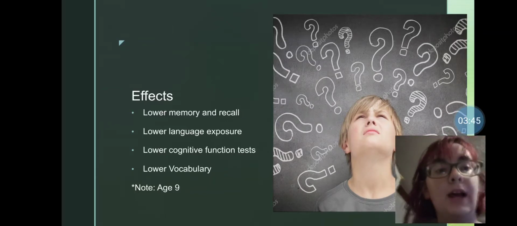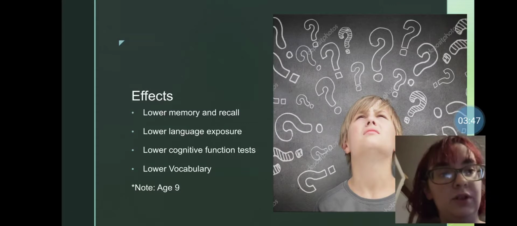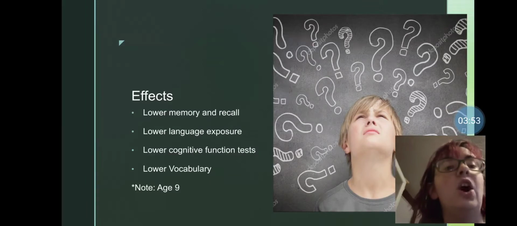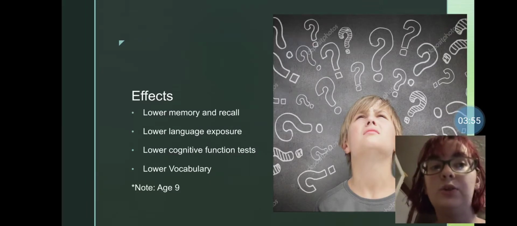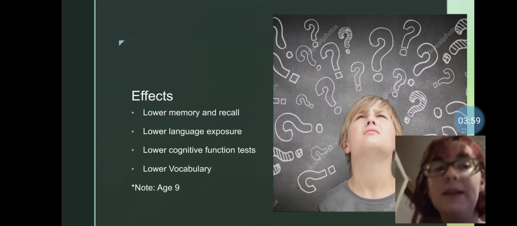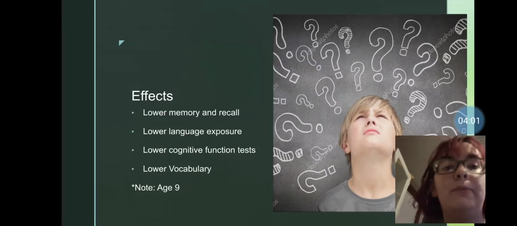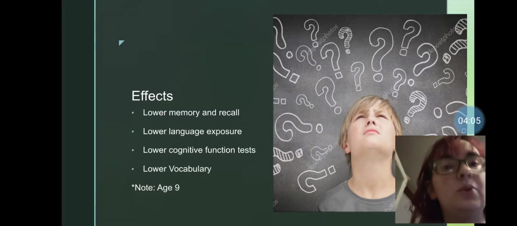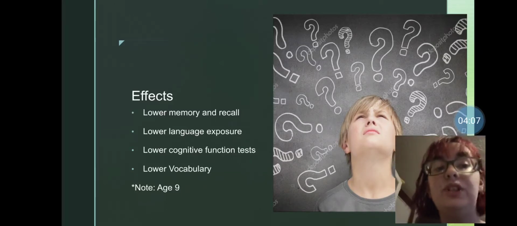And a lower vocabulary. They have found that children who come from lower socioeconomic backgrounds are exposed to less vocabulary, and so their rich vocabulary skills aren't necessarily there. They have your basic words, but they don't go above and beyond. Now, this effect is only really prominent until age 9.